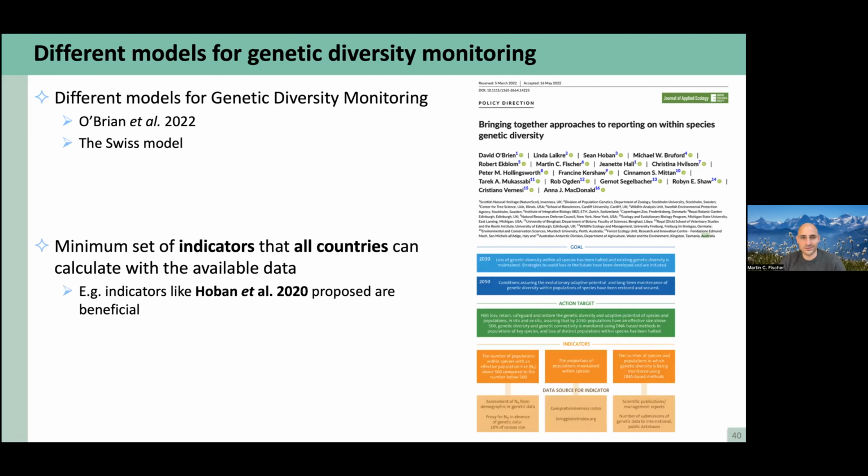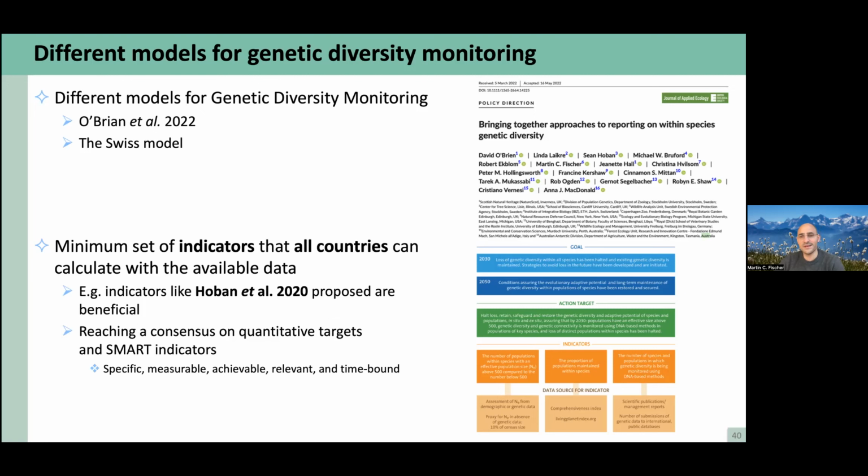Therefore, I clearly advocate also for the approach that John Hoban proposed, that we should have very simple indicators like the Ne estimate for each population, the proportion of populations which are maintained or getting lost, and maybe just very simply, how many genetic data are available for each species and country, so that we can compare our results between countries and start monitoring changes in genetic diversity in a very simple way. So I think, of course, the Swiss model is very useful and a lot of fun to work on, but for most countries, we should see a more simple approach.